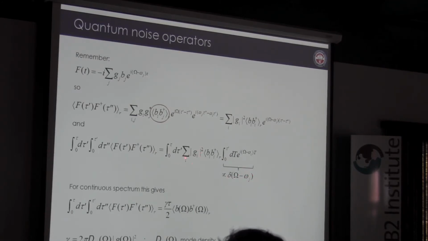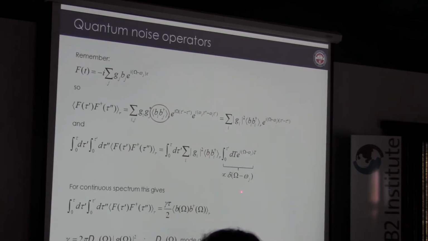And I also make the replacement that I say, okay, I've got a broadband spectrum. Let's just take the continuum limit of the spectrum, and this becomes now an integral over frequency of g of omega squared times density of states, D of omega, d omega.